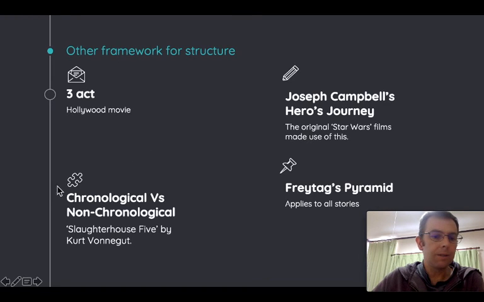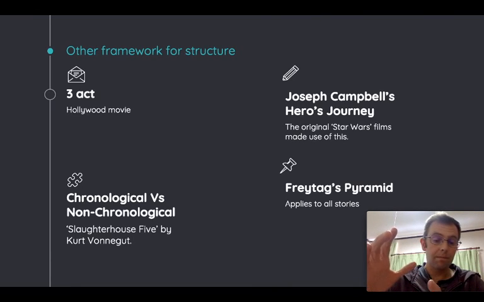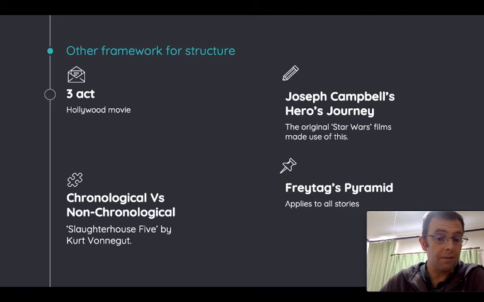There's also looking at the chronological versus the non-chronological storytelling. So chronological means to tell the story in the time order that the events happen in. Non-chronological means that the time order gets mixed up. Slaughterhouse-Five by Kurt Vonnegut is an example of that, where we have dual timelines happening and the order of events gets mixed up.